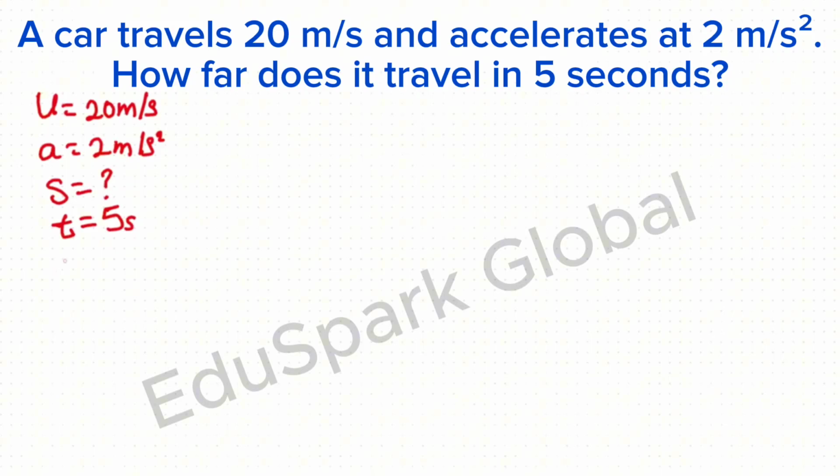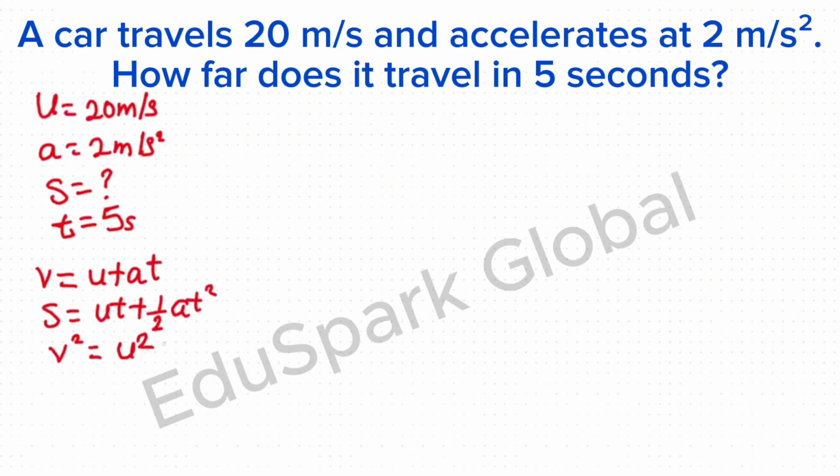The equations of motion: we have V equal to U plus AT, S equal to UT plus half AT squared, V squared equals U squared plus 2AS, S equal to U plus V, all divided by 2, multiplied by time.